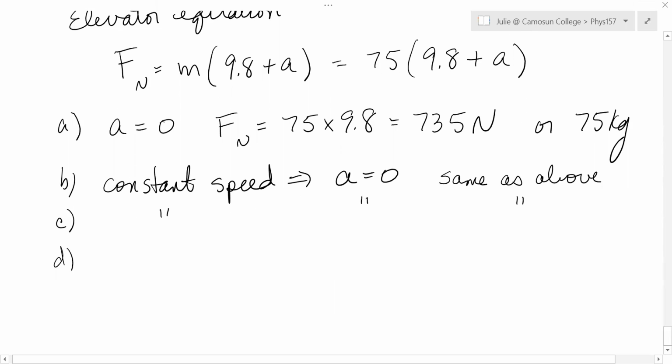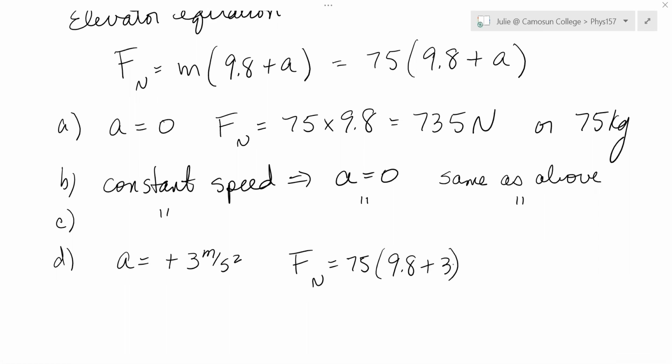D, the elevator is accelerating up at 3 meters per second squared. So now a equals plus 3. The reading on the scale would be 75 times (9.8 plus 3), and that would be 960.